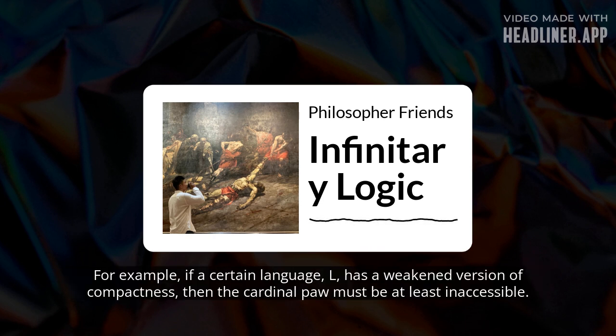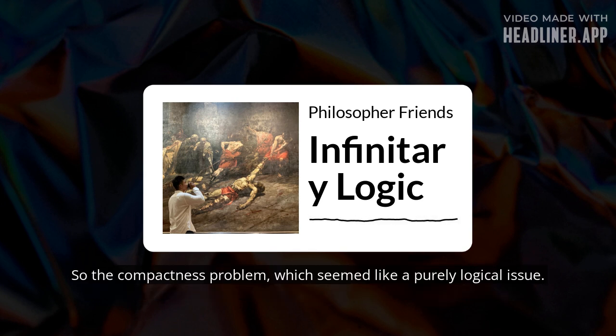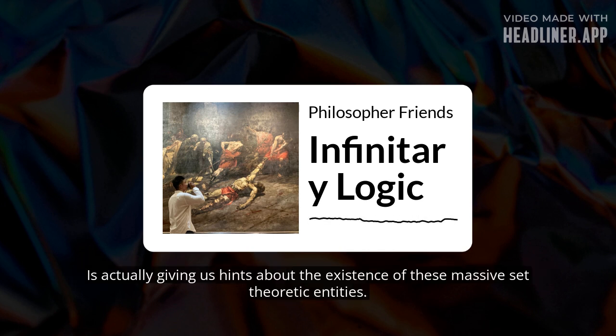For example, if a certain language L has a weakened version of compactness, then the cardinal must be at least inaccessible. So the compactness problem, which seemed like a purely logical issue, is actually giving us hints about the existence of these massive set theoretic entities.